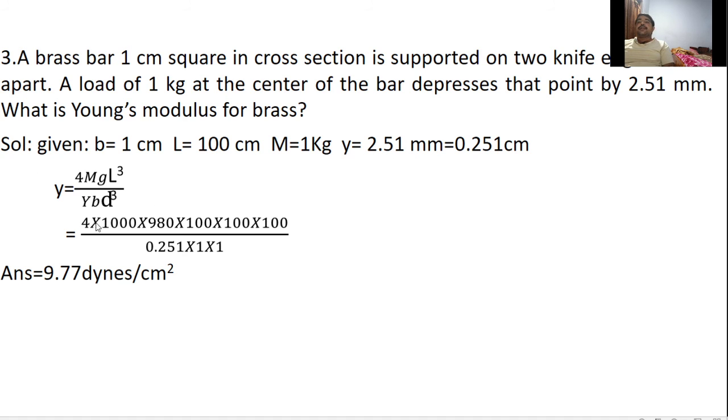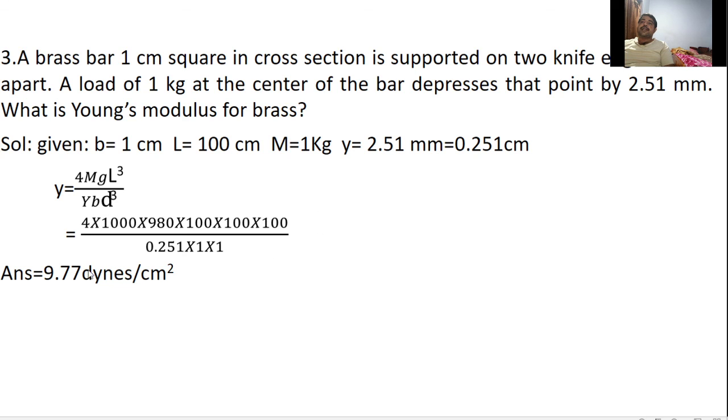When the weight is supported at its end, the depression produced at the middle is given by Y is equal to 4 mg L cube by Y B D cube. Here M is the mass, g is the acceleration due to gravity, L is equal to 100 centimeter, Y is the Young's modulus, B is the breadth, and D is the thickness.